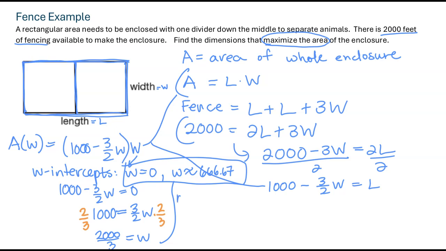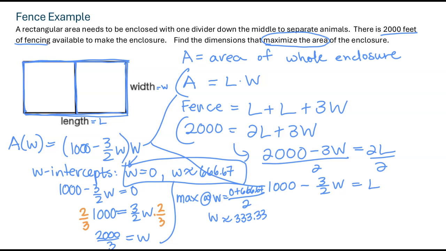So the maximum is at W equals (0 plus 666.67) divided by 2, or about 333.33. So we have the W that gives us the maximum area.